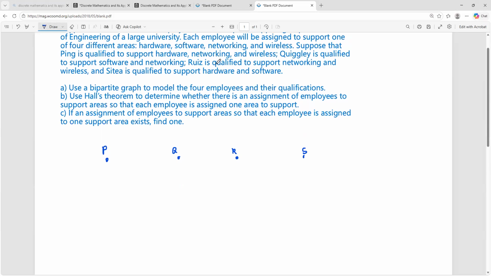And we have hardware, software, networking, and wireless.